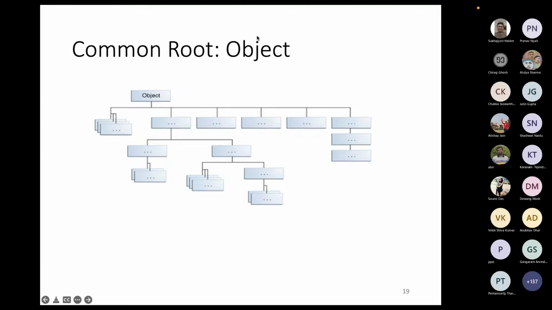This hierarchy has a common root, which is a class of type object, and every class is a subclass of object in Java. So this is how the hierarchy looks. This is how you can use the different types defined in either the standard Java library or any other Java library.